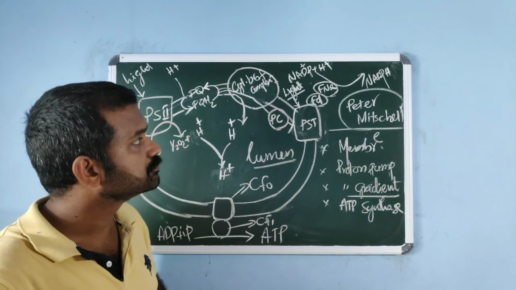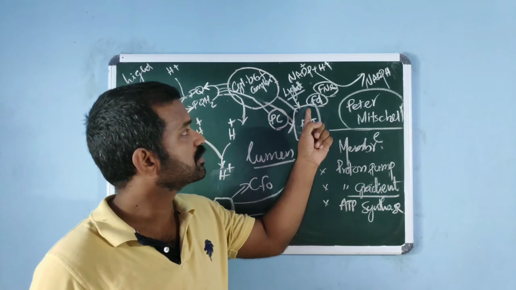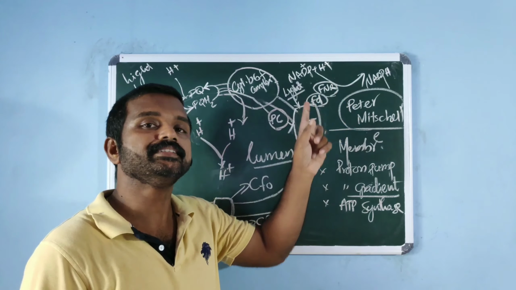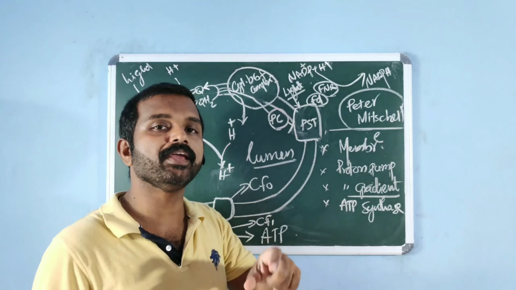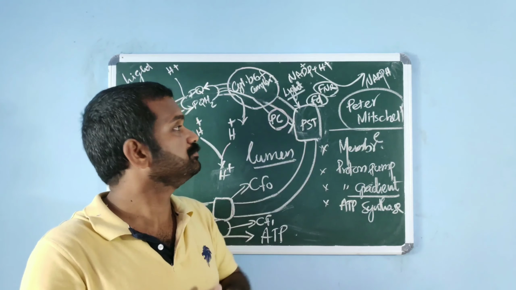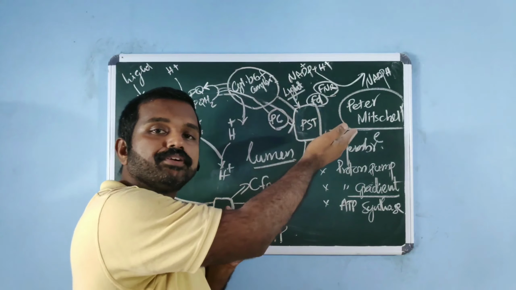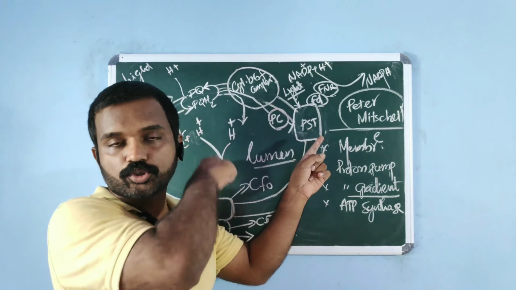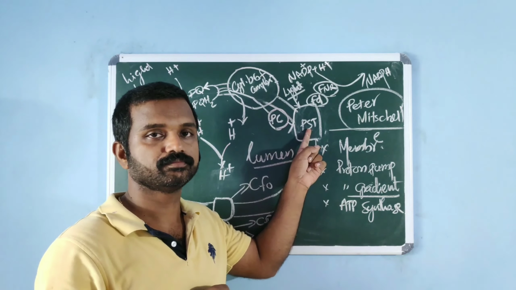Third point, from PS1 the electron goes to ferredoxin, then FNR, that is, ferredoxin NADP oxidoreductase. This enzyme, located on the outer surface of the thylakoid membrane, receives electrons from the electron transport system from PS1.